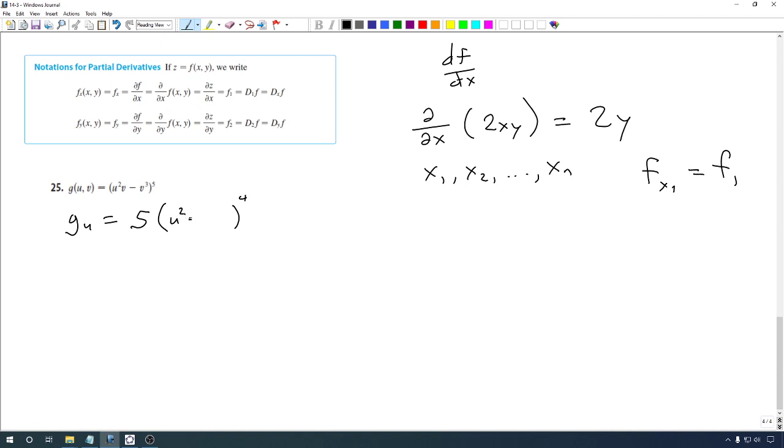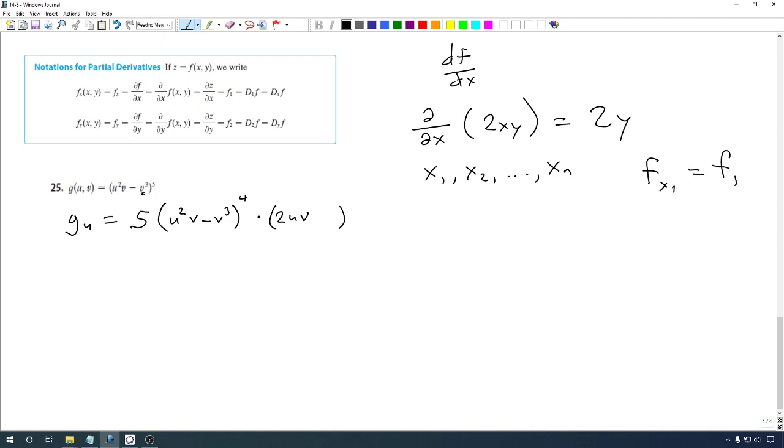So u squared v minus v to the third power. Now we need to differentiate the inside function, the u squared v minus v to the third power, and multiply it on the outside. The derivative of this, remember, v is a constant. So we have a constant times u squared. Derivative of u squared is 2u. And so we just end up with 2u times that same constant.